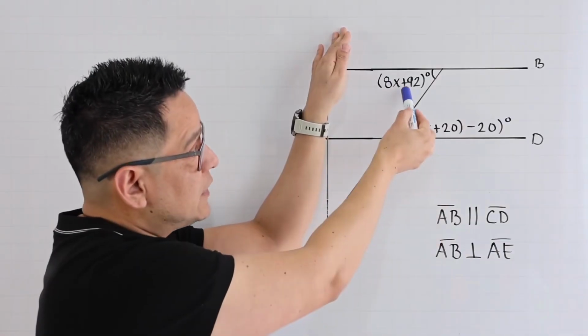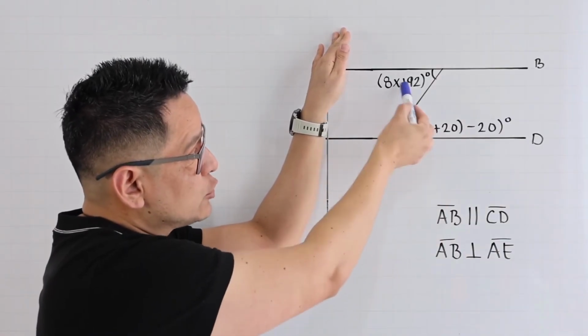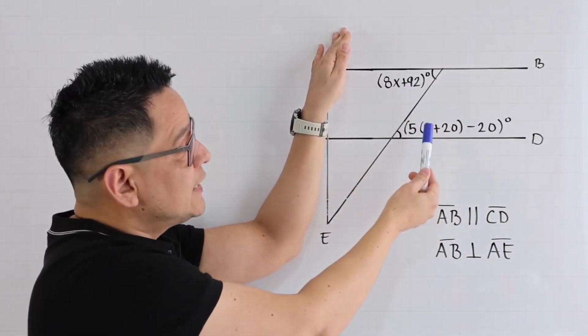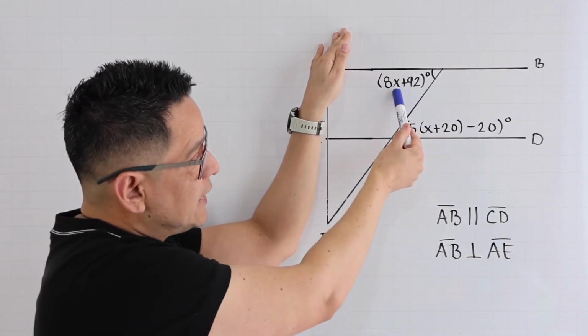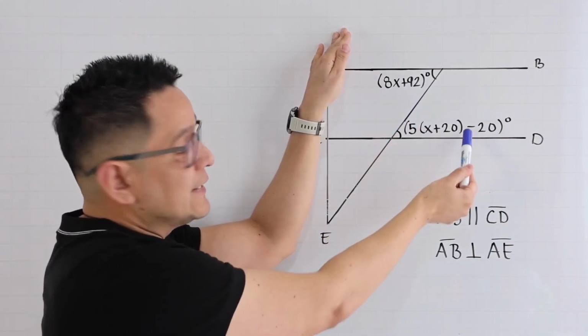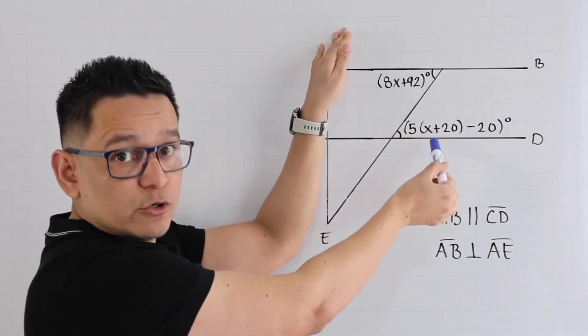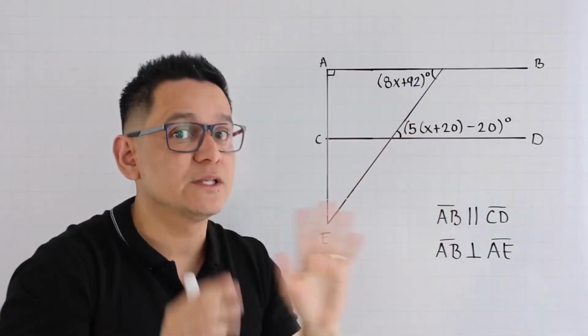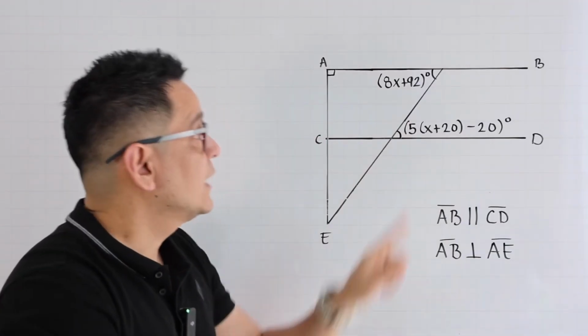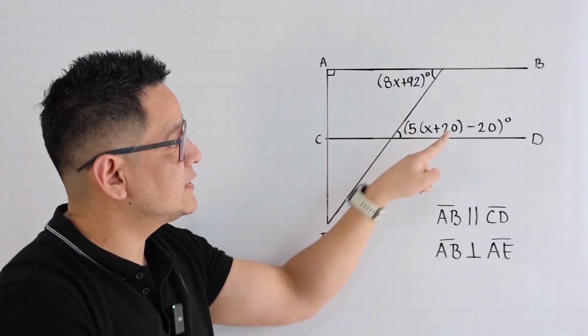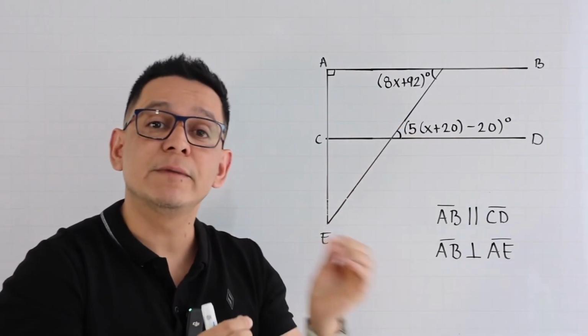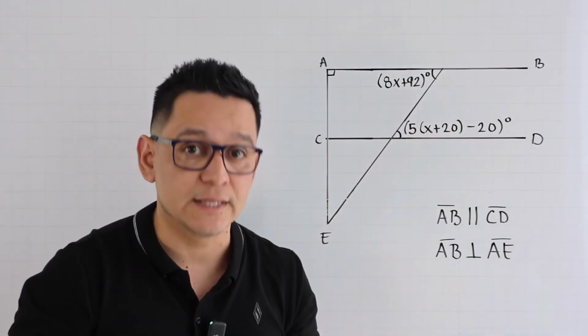So now, let's look at the relationship between these 2 angles we have over here. I want you to notice that the measure of this angle is the same as the measure of this angle. Why is that? Well, because they are alternate interior angles, right? In fact, in the previous video, I already talked about that classification. So indeed, this angle and this angle have the same measure because they are alternate interior angles.